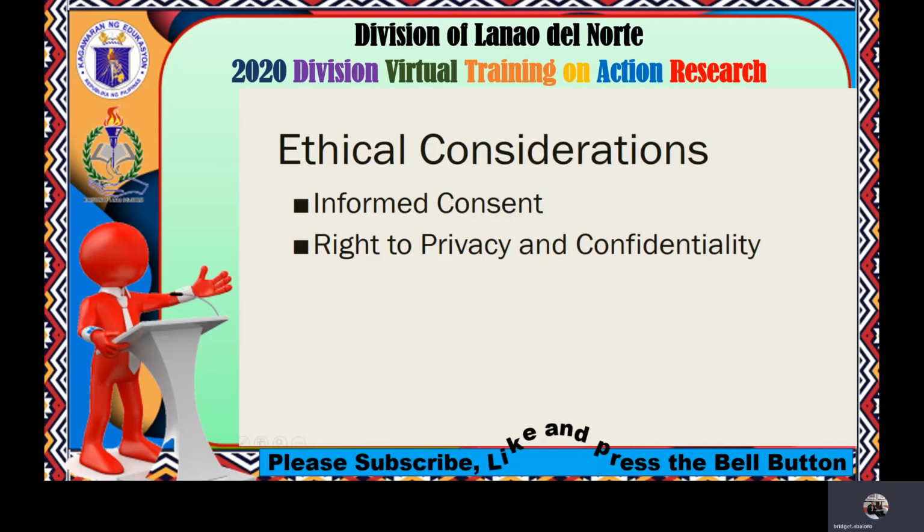Next is right to privacy and confidentiality. What is the difference between the two? Privacy is for the participant, while confidentiality is for the data. So each student has a right to privacy. Any information about him or her, or any response obtained from or about him or her, must be kept confidential.